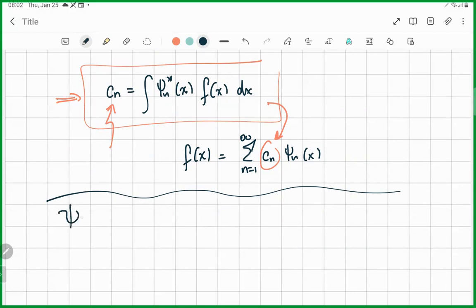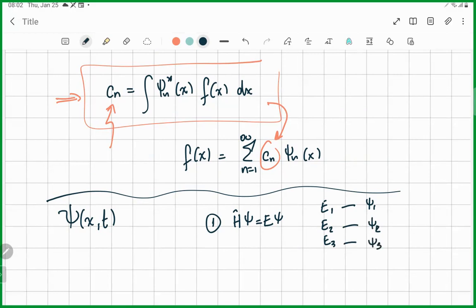How are we going to find the whole wave function, the solution for the time-dependent Schrödinger's equation? We said, first thing, we are going to solve the time-independent Schrödinger's equation. We are going to find all of the energies and the corresponding functions.